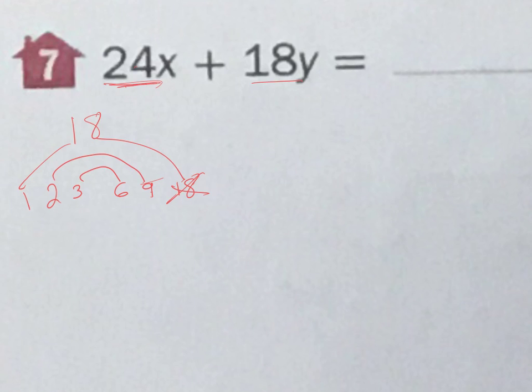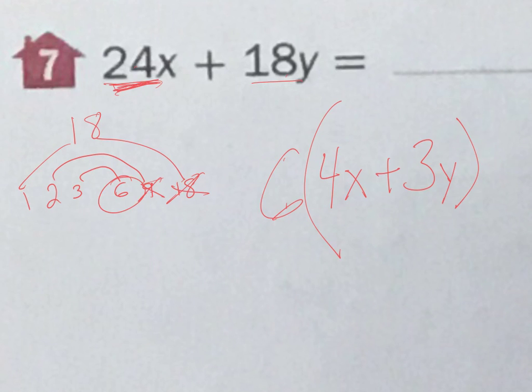Does 9 go into 24? Nope. Does 6? Yeah. So I put 6 here on the outside, parentheses, how many times does 6 go into 24? 4, and then you bring the x, plus, how many times does 6 go into 18? 3, and it's a y.